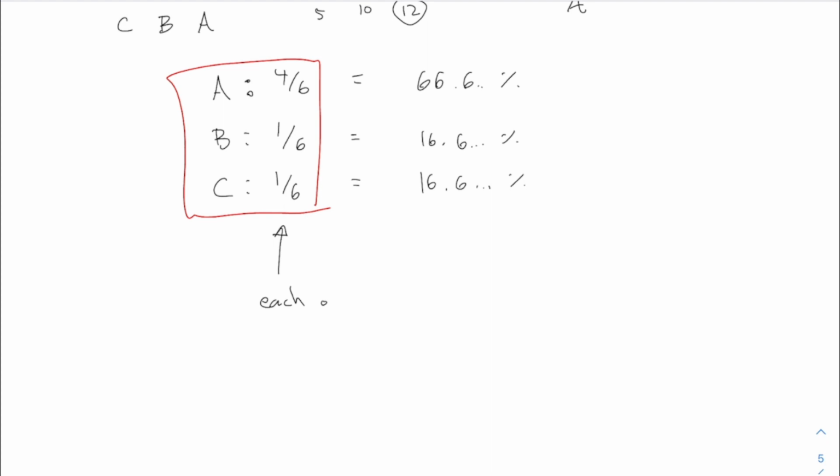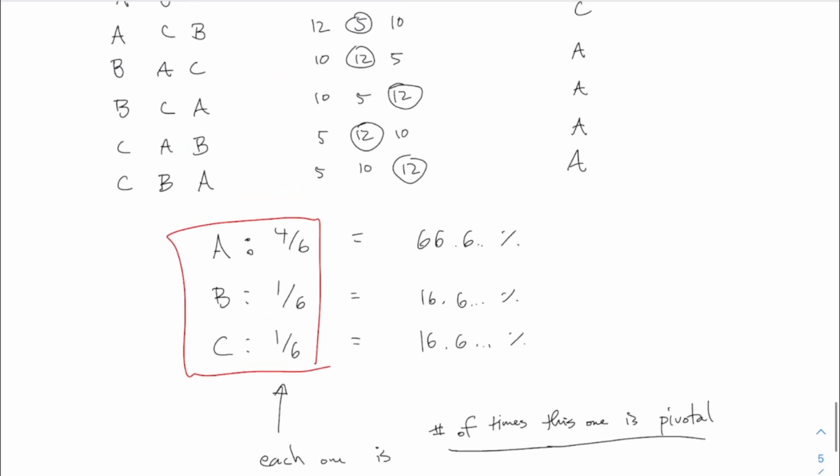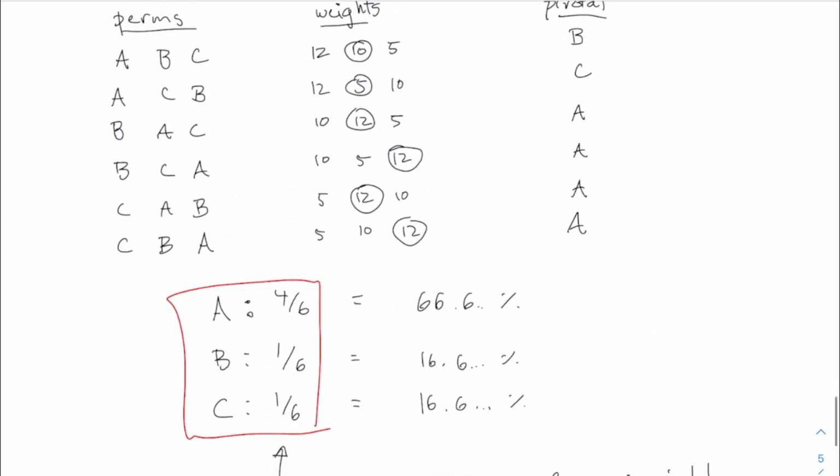Each one is a fraction where the top is the number of times this one is pivotal. So you look in your chart, and I saw A was pivotal 4 times in the chart.